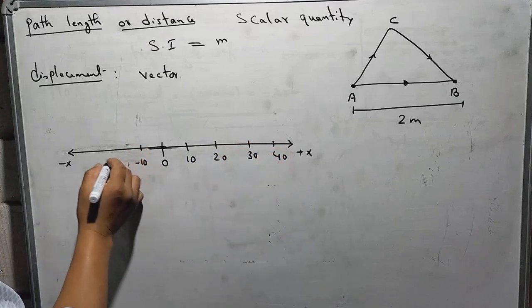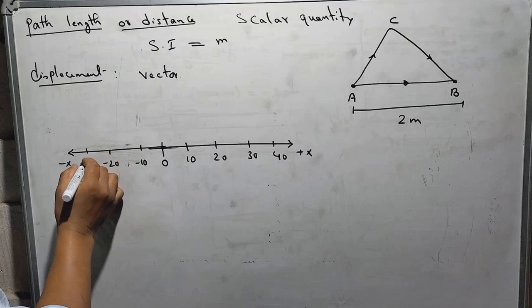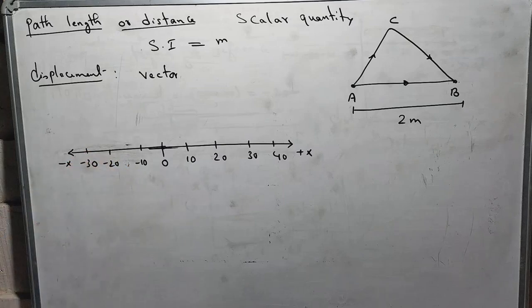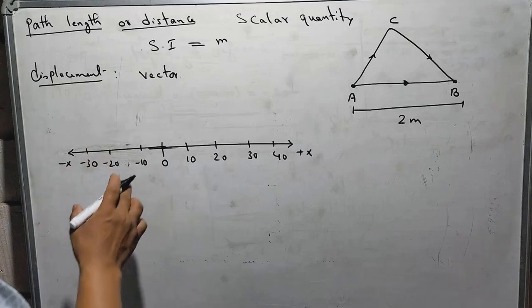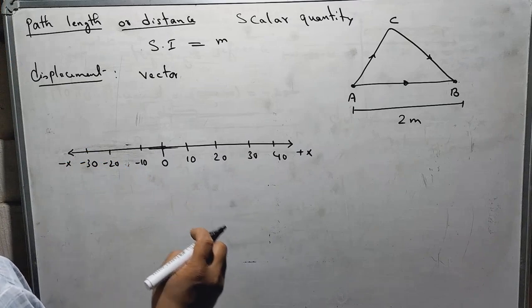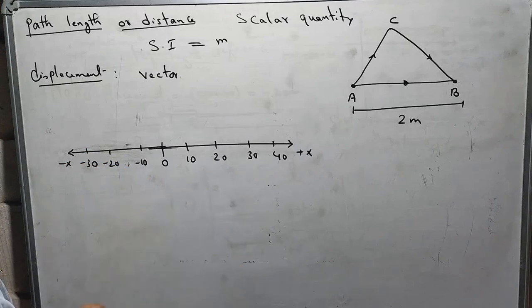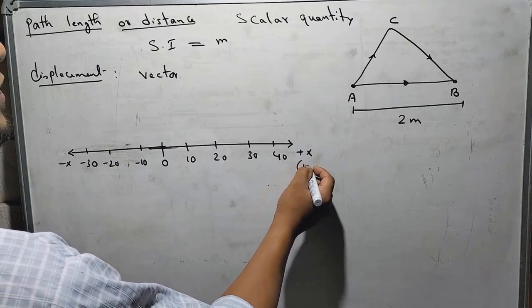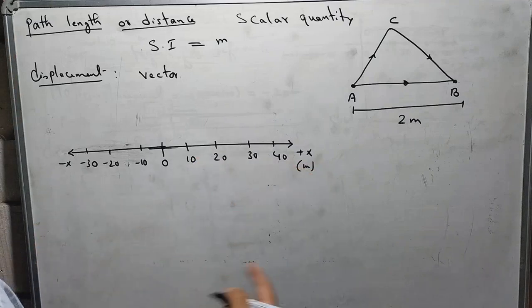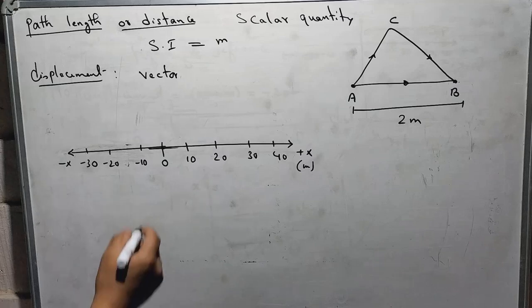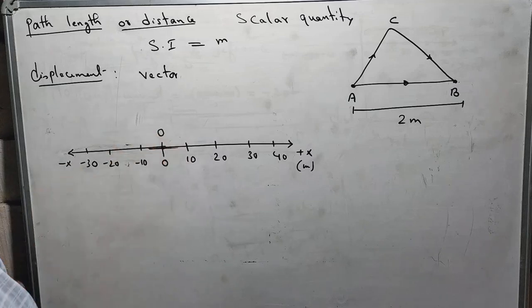This is minus 10, minus 20, minus 30, and so on. Now these numbers represent the positions of a moving body. Let's say we measure them in meters. So these numbers stand for the distance in meters. Now, let me name this point O.